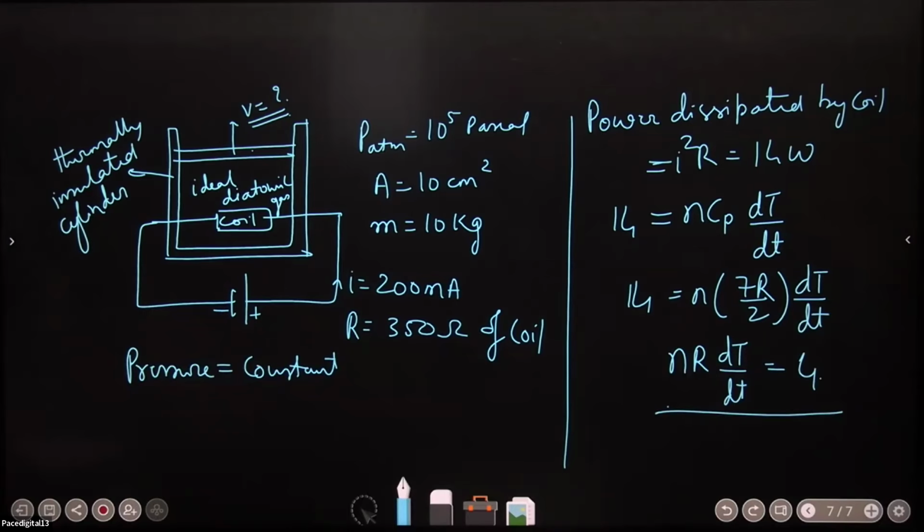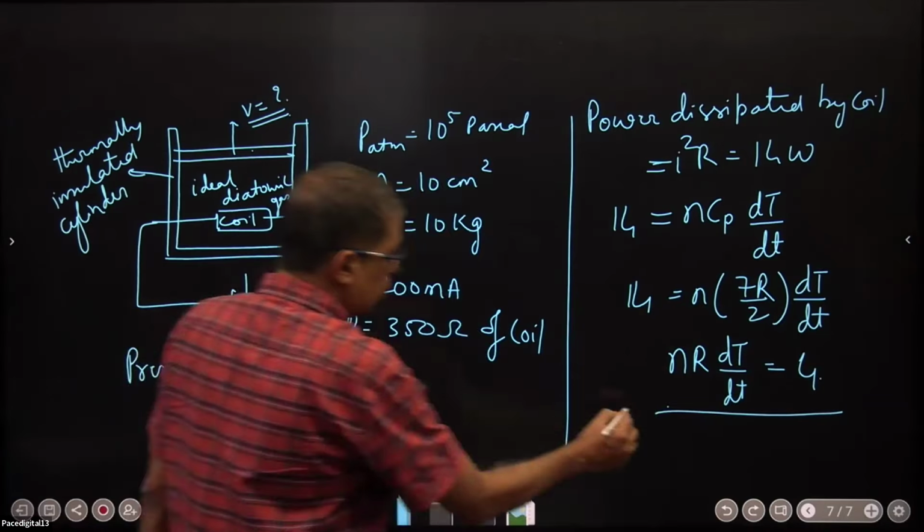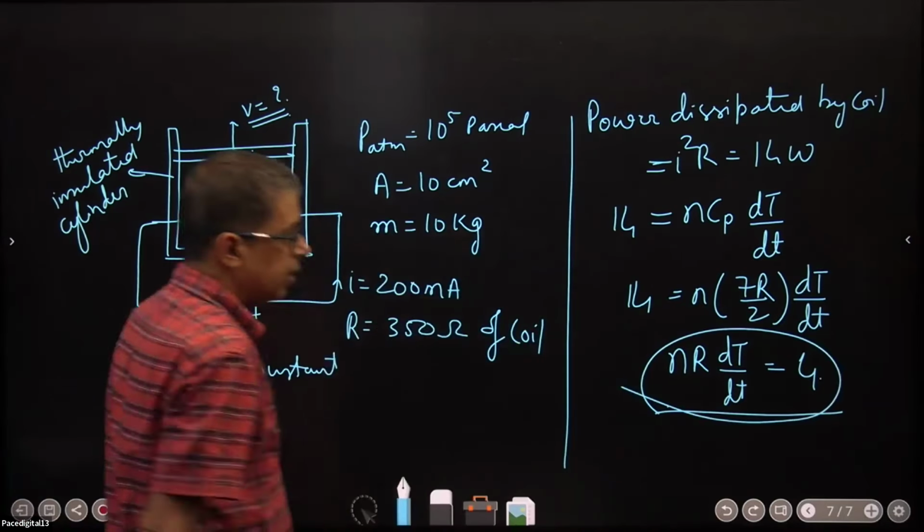I need to go to the next slide to complete the problem. So is the answer 4? No. Now you have to apply the work energy theorem, and you will require this information.